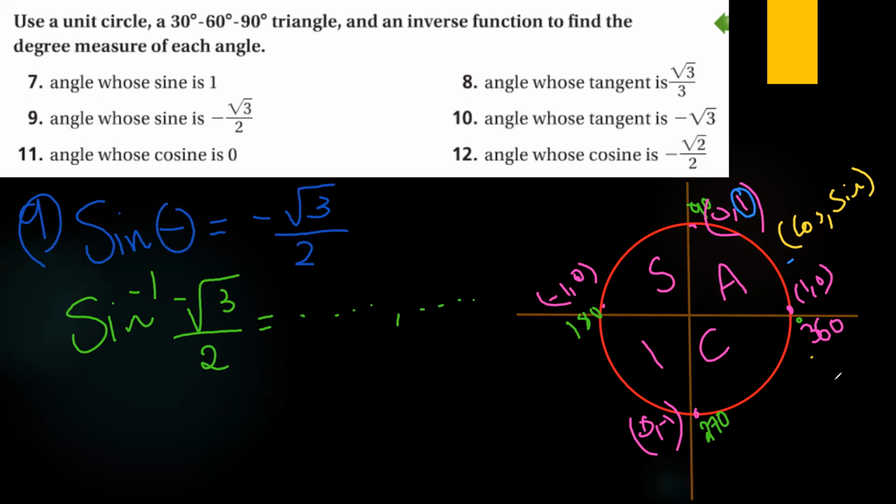Let's remember that. Which angle has a sine of square root of 3 over 2? It's 60. So I remember that the angle for square root of 3 over 2 is 60. But what did I have here? I have negative square root of 3 over 2. So that means I am in quarter 3 and quarter 4, because I'm looking at which quarters the sine is negative.